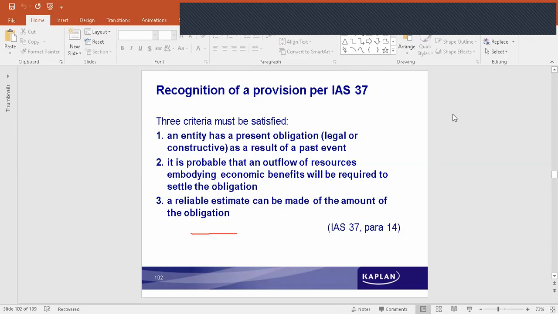So recognition of a provision as per IAS standard 37. When is the transaction said to be recognized? So that's another topic which has to be discussed. When is the transaction said to be recognized? There are three criteria that must be satisfied.